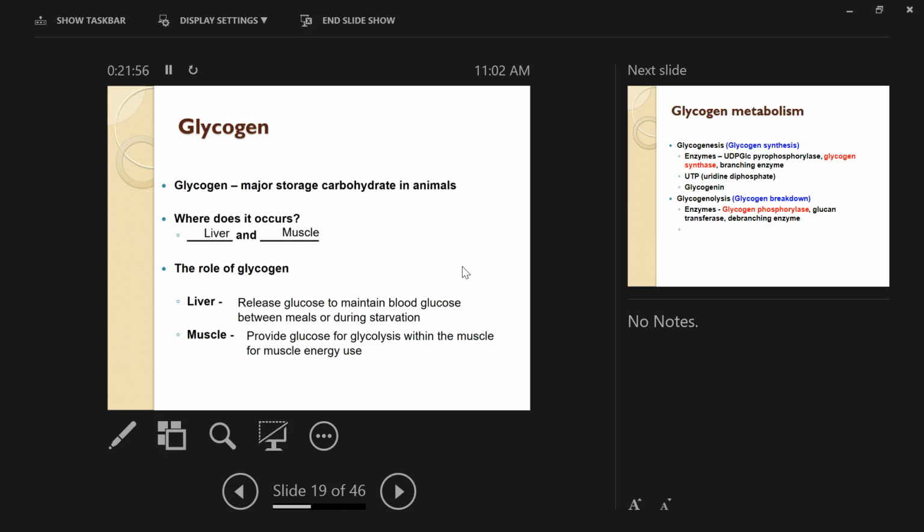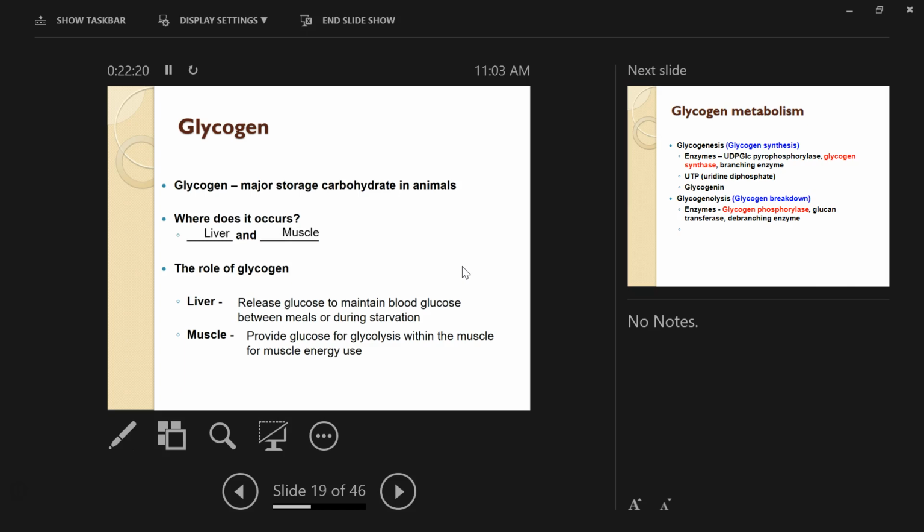The liver, we know, can release glucose from glycogen breakdown to raise the blood glucose level during fasting. But in muscle, with glycogen breakdown, the glucose usually will not be released but used within the muscle cells.